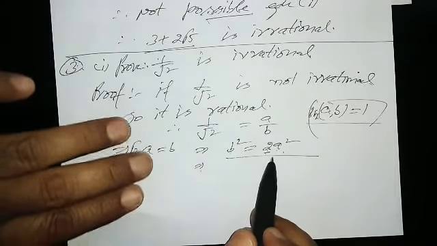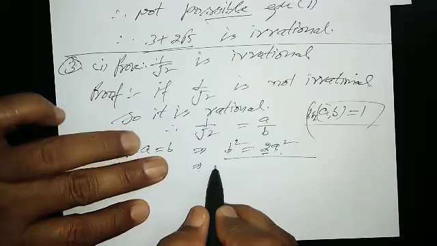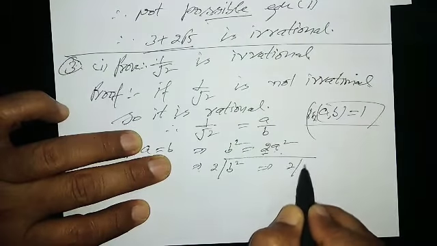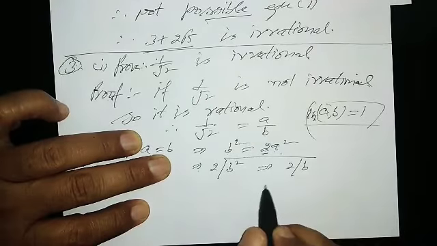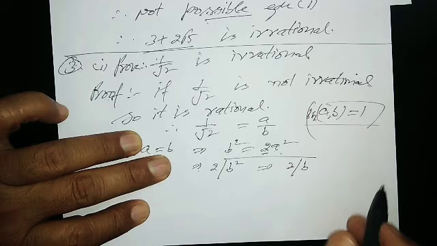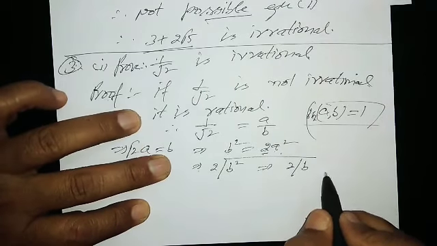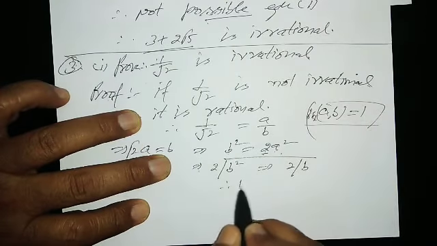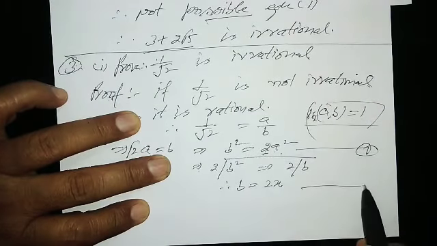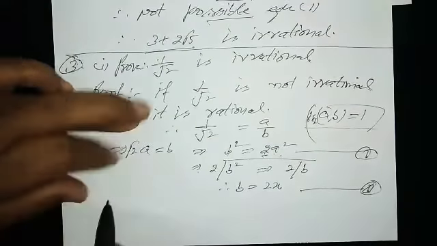So from here you can say that 2 divides b square, and by that property 2 divides b also, and so b can be written as b equal to 2x, and this is equation 1 and this is equation 2.